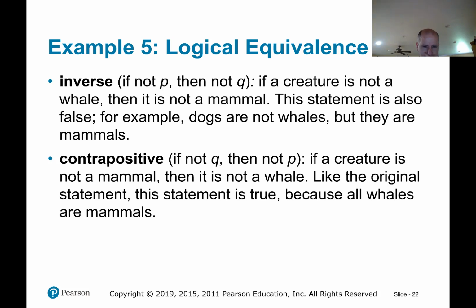That is true by definition of a whale. It is also true, and the same thing, that if a creature is not a mammal, then it cannot be a whale. Okay? Because we know that all whales are mammals.